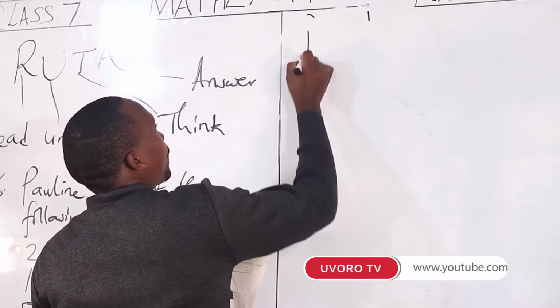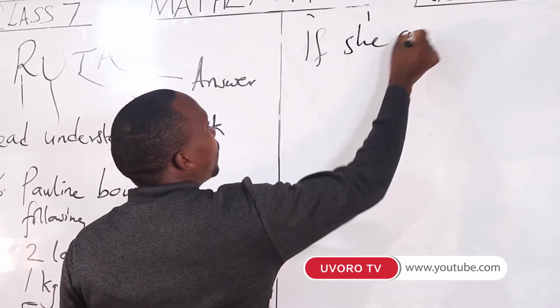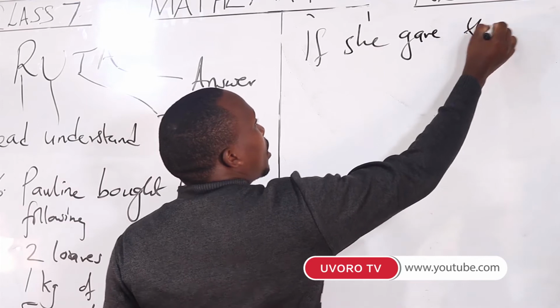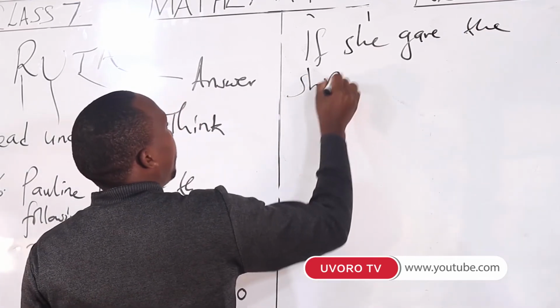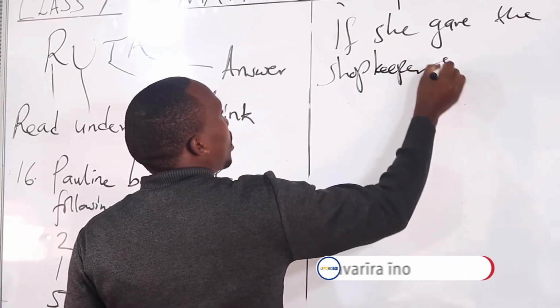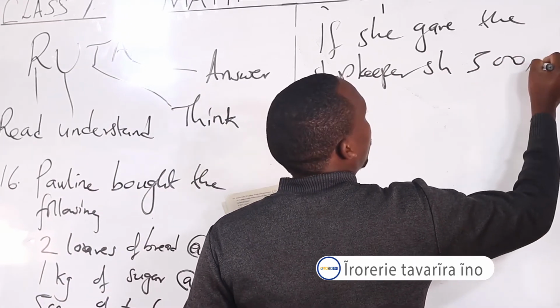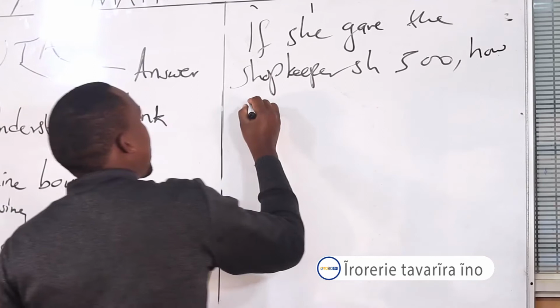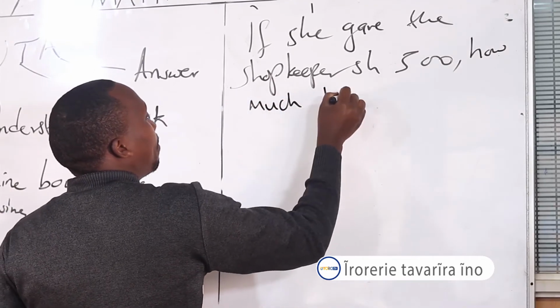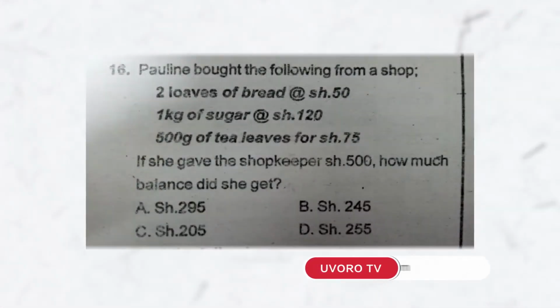So if she gave the shopkeeper shillings 500, how much balance did she get? Okay, now I'd like us to use our formula.